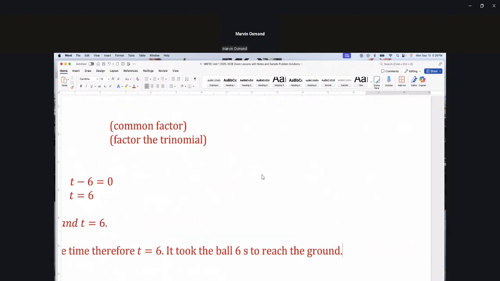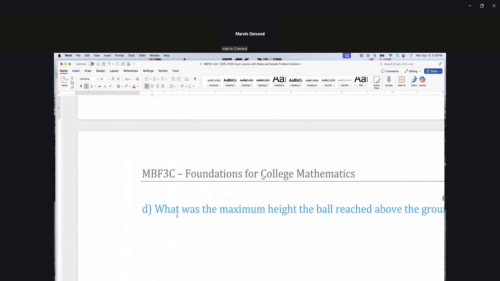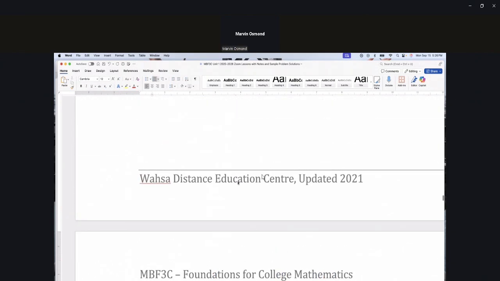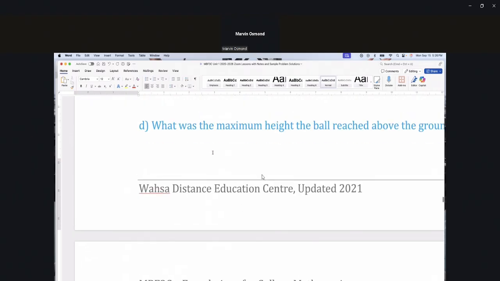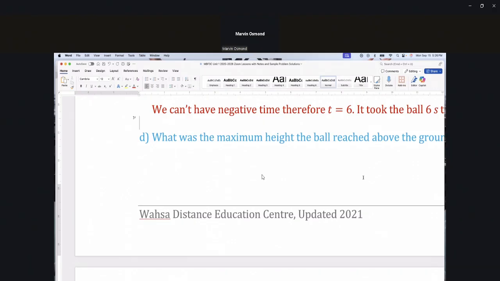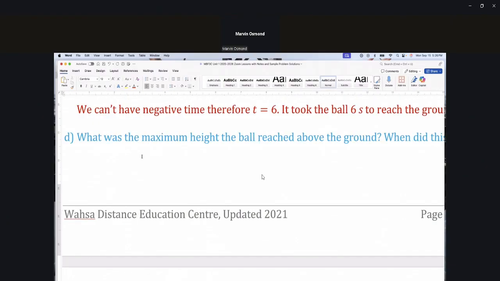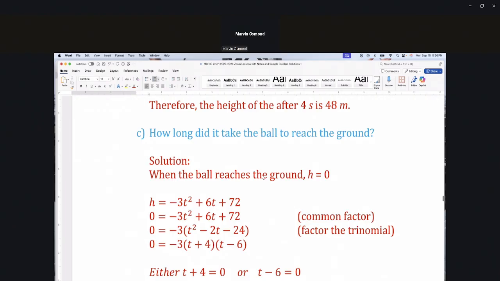And again, we're going to show all this in a few minutes when we look at this using decimals. What was the maximum height that the ball reached above the ground? This one, because we don't have any other way of doing this right now, the solution in this case is going to come from the graph.